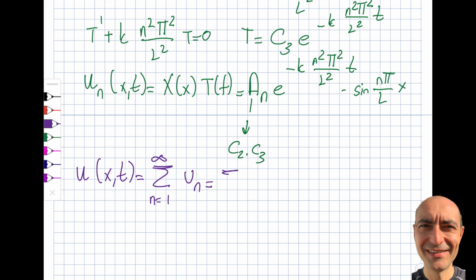So if I go ahead and write this, it's going to look like this: n equal to 1 to infinity, a_n times e to the minus k, in parentheses, n squared pi squared by L squared t, times the sine of n pi by L x. And this definitely satisfies both of the boundary conditions that we have established.